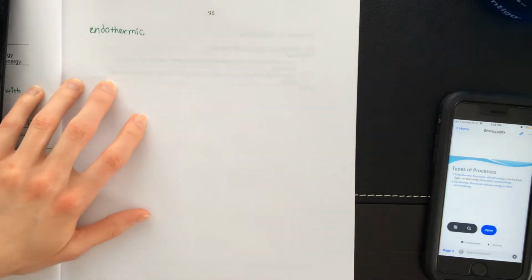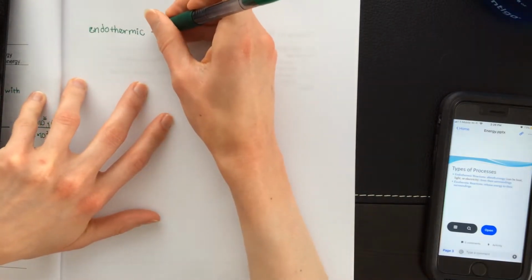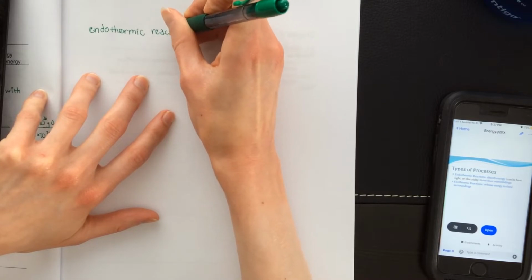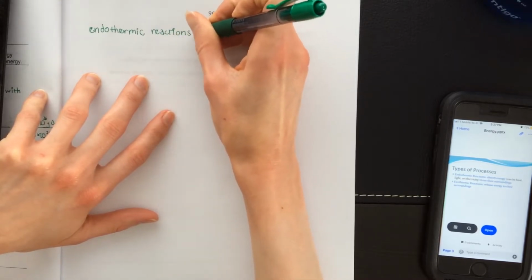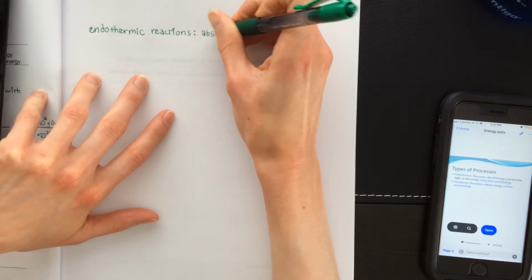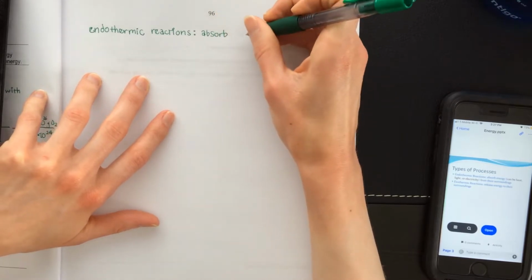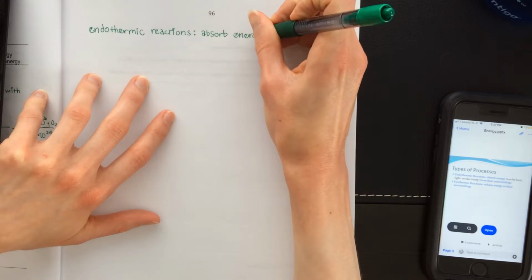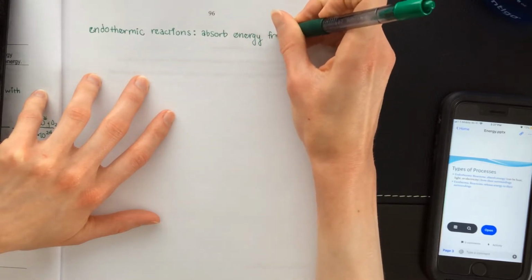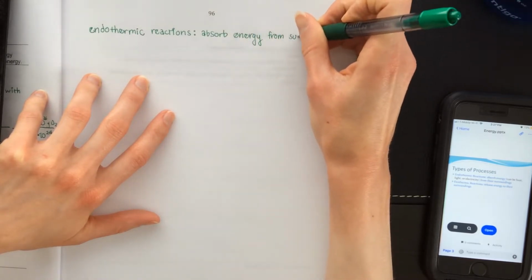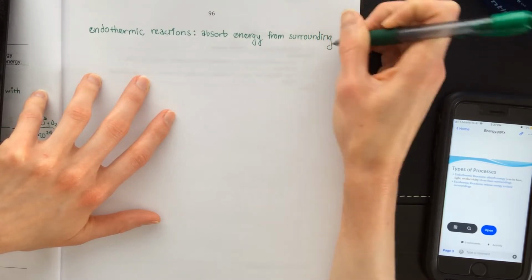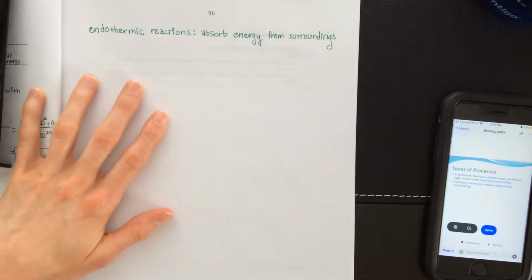So endothermic reactions are reactions that absorb energy. So they take energy to happen, and they absorb the energy from the surroundings. And that energy can be in the form of heat or light or even electricity.